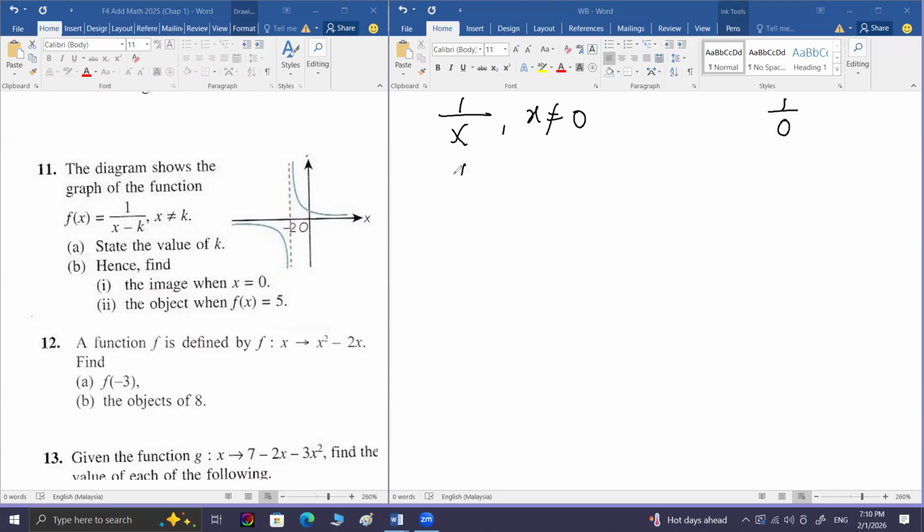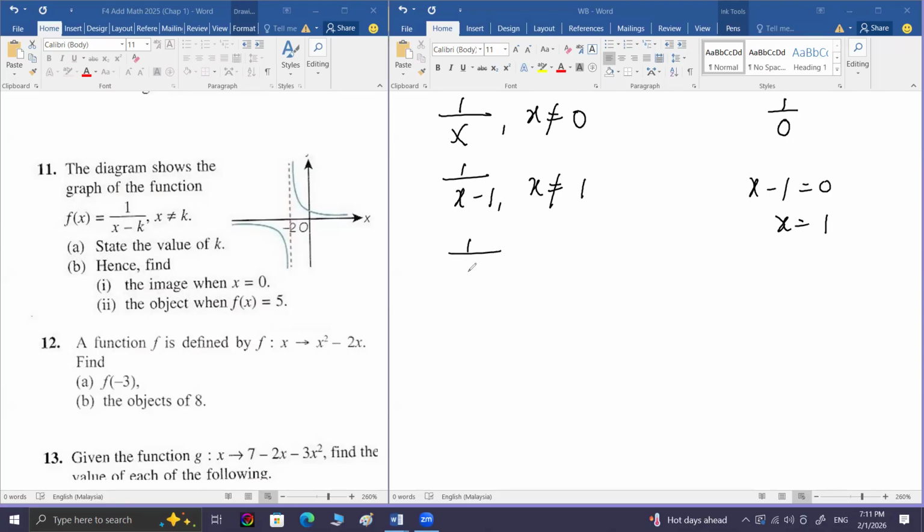So if I put 1 over x minus 1, x cannot be what? How to make it 0? 1, right? You shift the negative 1 over, it becomes 1. So x cannot be 1. If x is 1, 1 minus 1 is 0. You got what I mean?